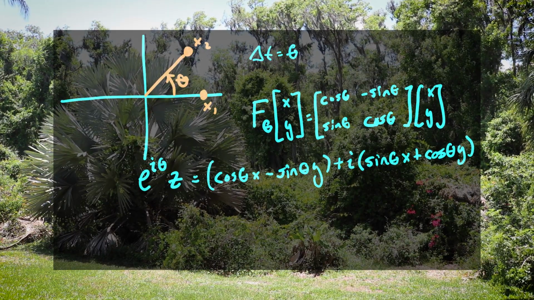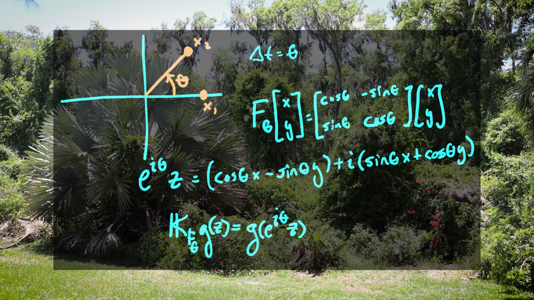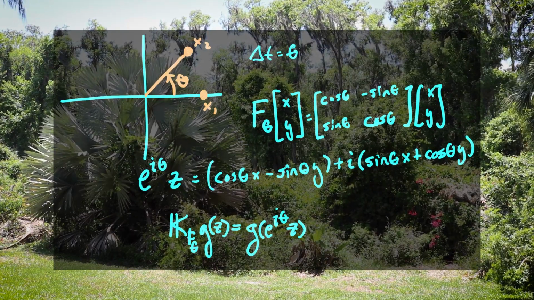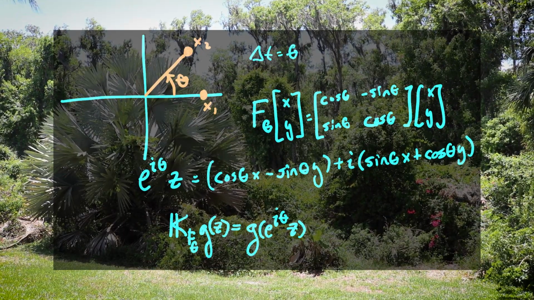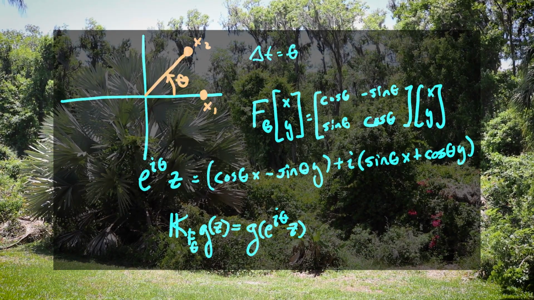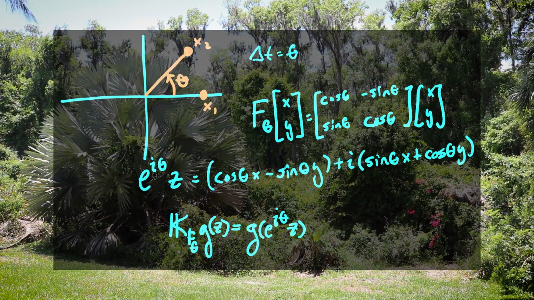That means that if I'm applying the Koopman operator to an observable from, say, my Fock space, then this really just becomes composing with e^{iθ} times z. This will make it really easy to find a whole bunch of eigenfunctions and eigenvalues without putting a whole lot of effort into it.